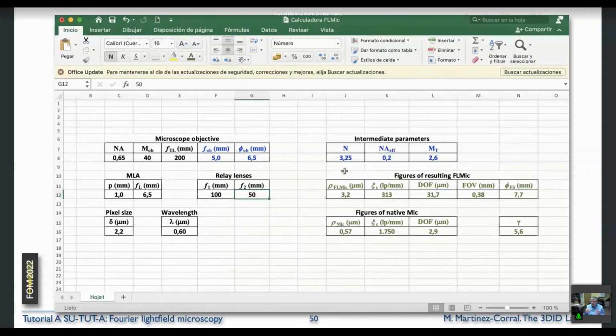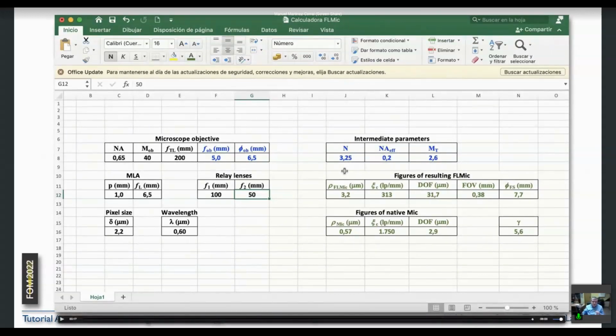So it's quite easy to have this kind of calculator in an Excel page. Now we could try to change the pixel size and see the difference. But the good thing here is that everything is related.